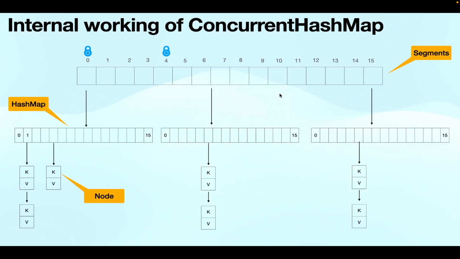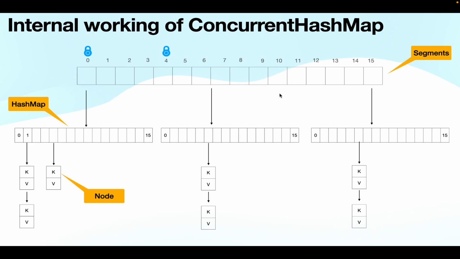The threads which are going to write will first acquire the lock on a particular segment of the map, and then they will perform their job. And threads which are going to read can read from any segment without any restriction. So that is how concurrent hash map improves the performance of this map.